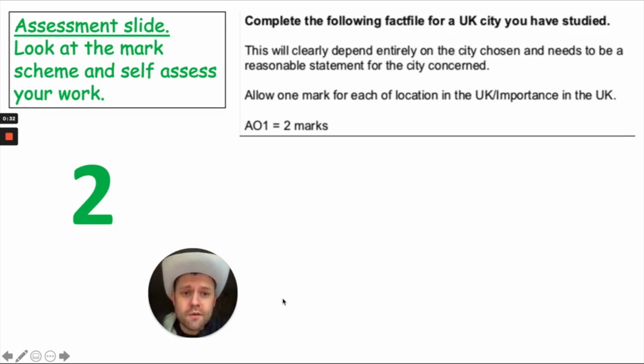In terms of national importance to the UK, you could have Birmingham International Airport. You could comment on the fact that it's got 5 universities. Birmingham University is a top 10 university in the country, so people come from all over the country to go there, so education.